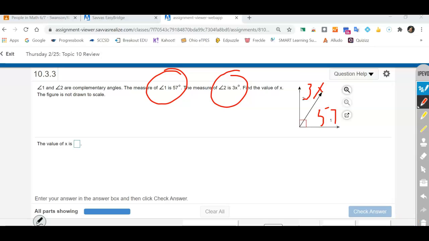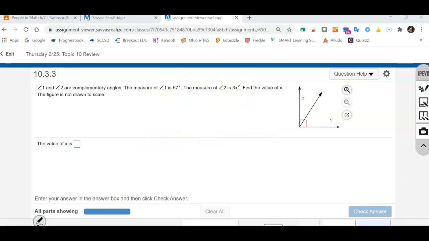Okay, so I did 3x plus 57 equals what? 90, right? What did you get when you solved it, Noah? 11? Yep, should have gotten 11. Questions on that?